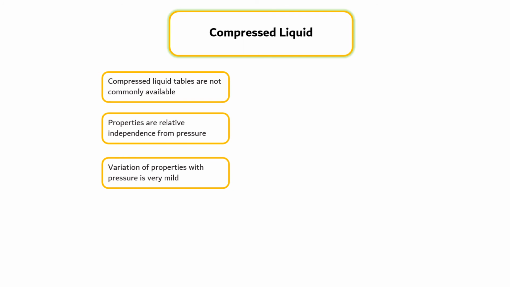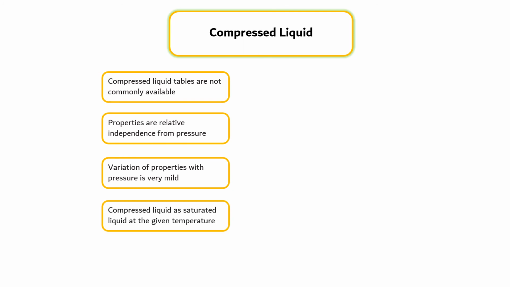In the absence of compressed liquid data, one can treat compressed liquid as saturated liquid at the given temperature. This is because the compressed liquid properties depend on temperature much more strongly than they do on pressure, which can be expressed by equation 4.5.